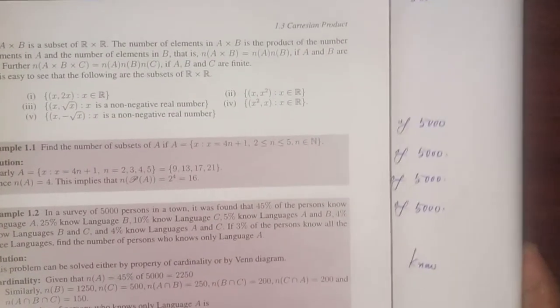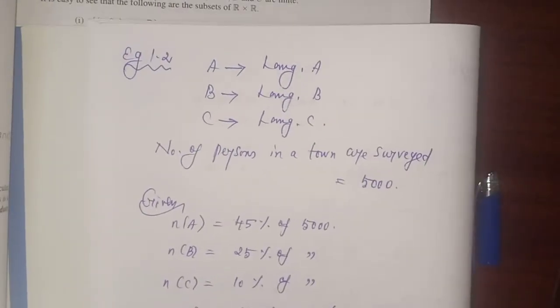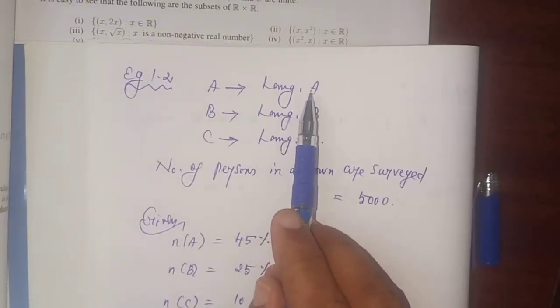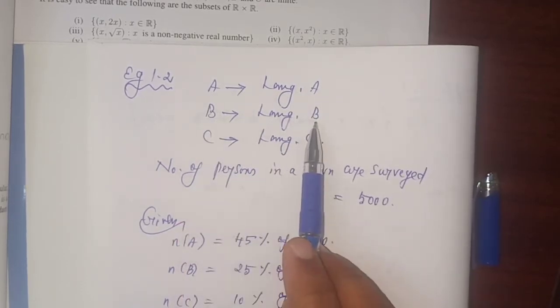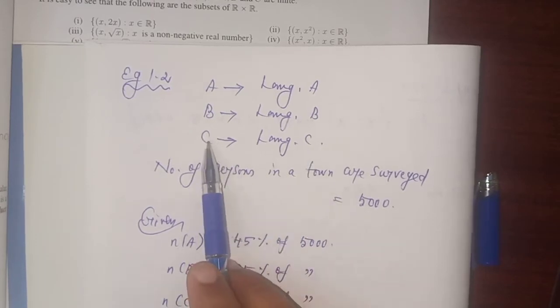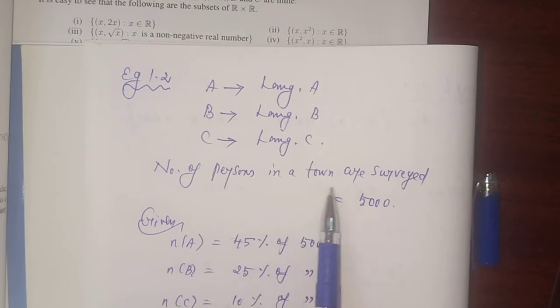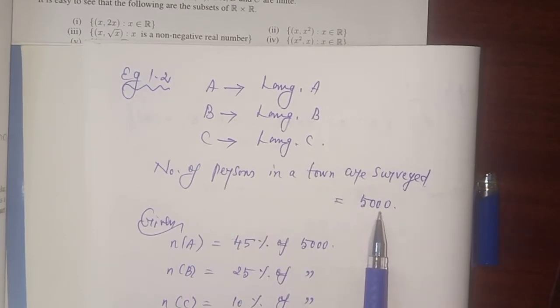Here, we have three different languages. Language A I consider as capital A, language B I consider as capital B, and language C I consider as capital C. Number of persons in a town surveyed: how many of them are surveyed? 5,000.